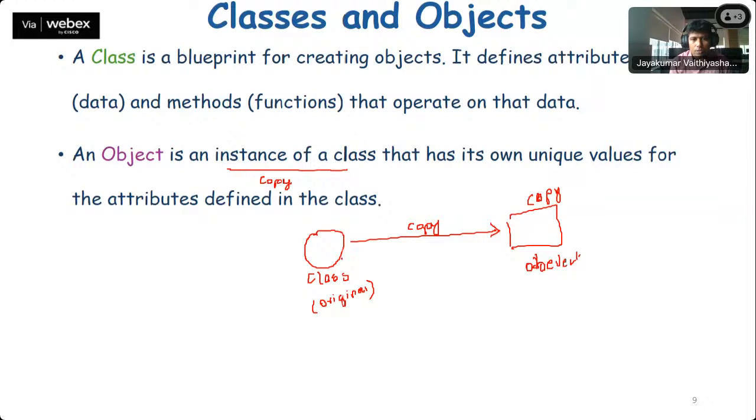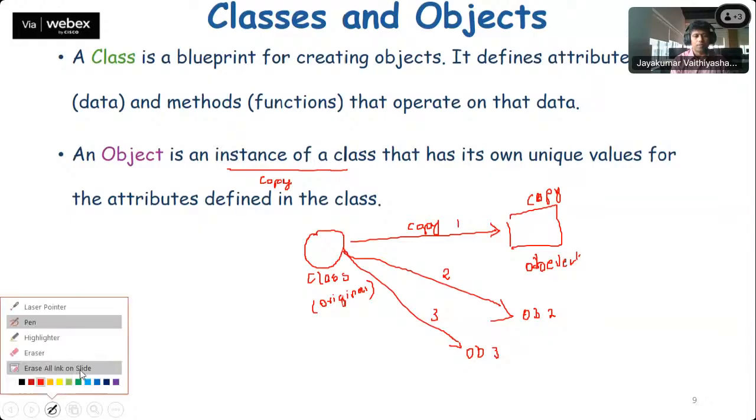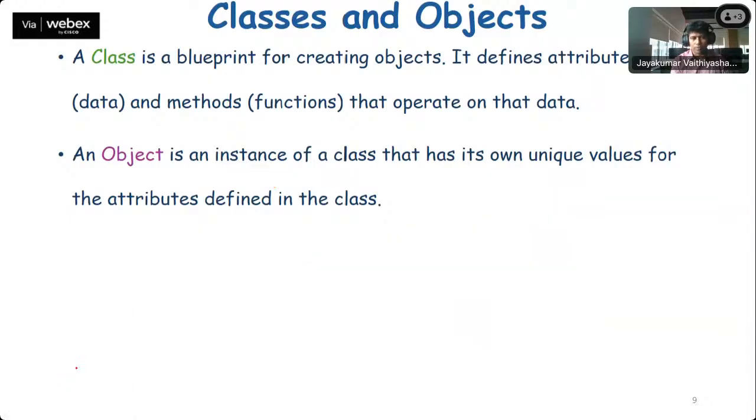Your original thing is more important than the object, and you can create multiple copies out of it: this is copy 1, copy 2, copy 3, so object 1, object 2, object 3. If you have a single class, you can create multiple objects out of it. To create an object, a class is a must. So class comes first.